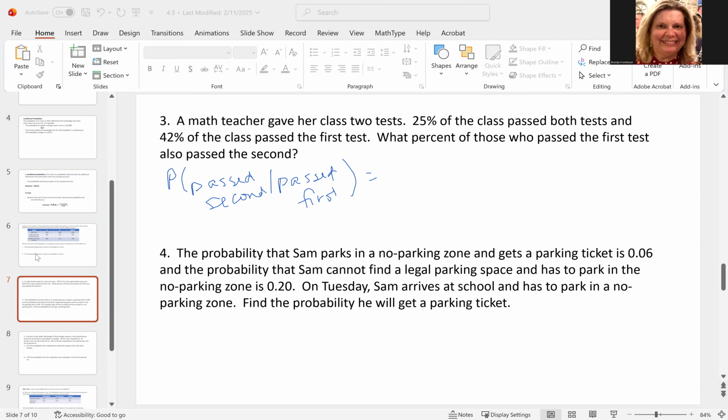So using my formula, the probability of A and B, meaning the probability they passed both, divided by the probability of A. Looking at my data, 25% passed both. So that's my and, 0.25. 42% passed the first. So we're taking 0.25 divided by 0.42, which is 0.595.